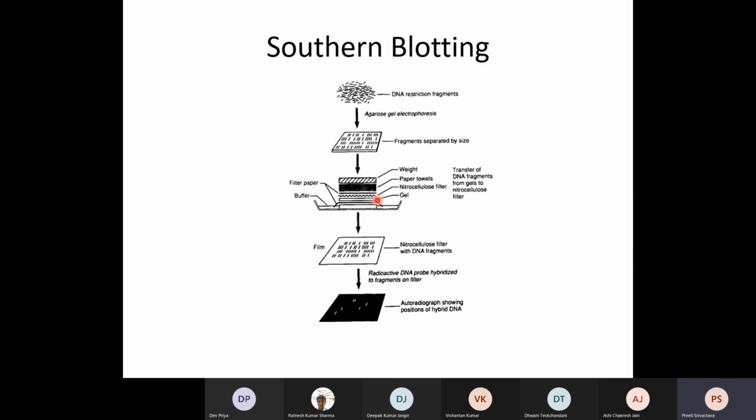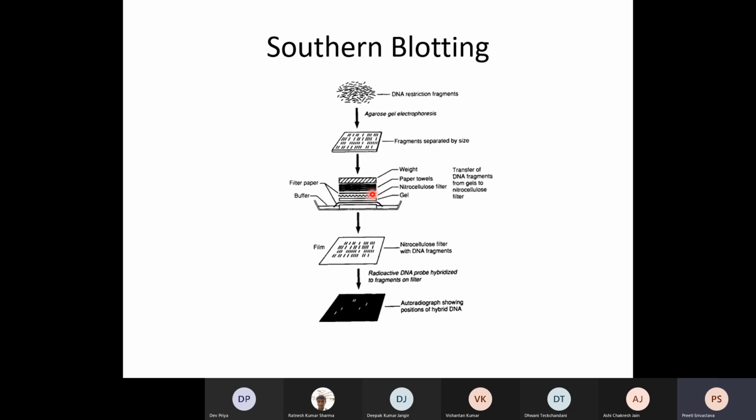Onto that you put a paper weight, which should be of the same size as the gel, and then you leave this assembly overnight. As a result, the transfer buffer will help in the transfer of the DNA onto the nitrocellulose membrane by capillary transfer.